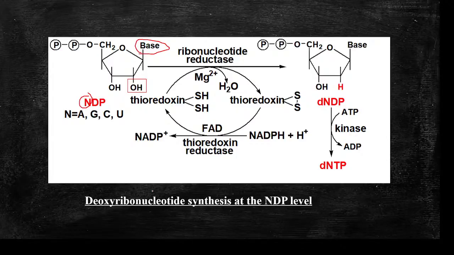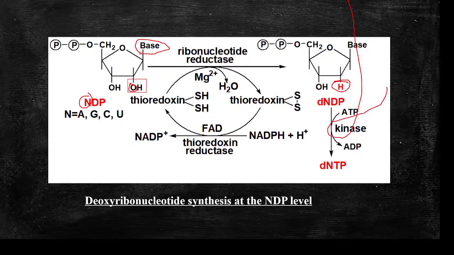Conversion of NDP to dNDP is simply removing this oxygen from the second carbon atom. This reaction is catalyzed by ribonucleotide reductase. This requires thioredoxin and Mg2+ ions as cofactor, and NADPH.